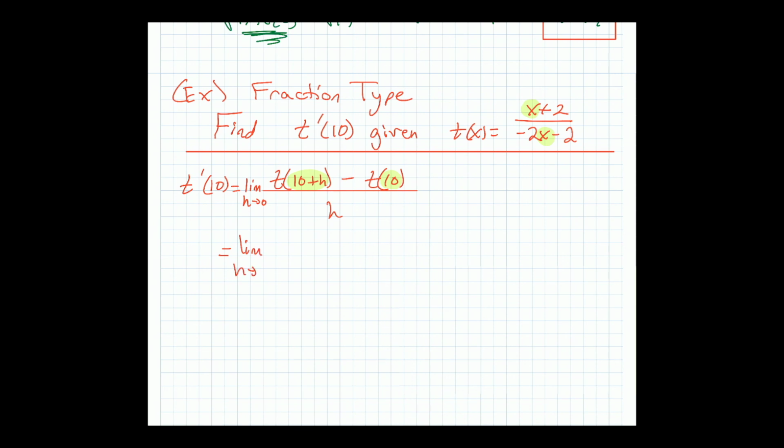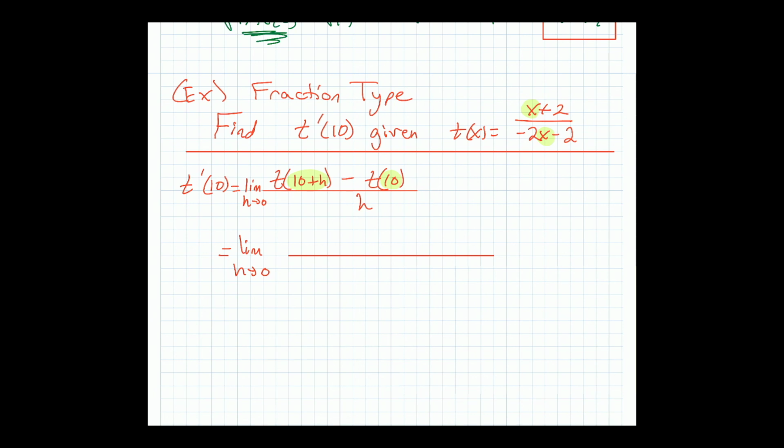Limit h to 0. Give ourselves some room. You need to plug in the 10 plus h for both of those x's.